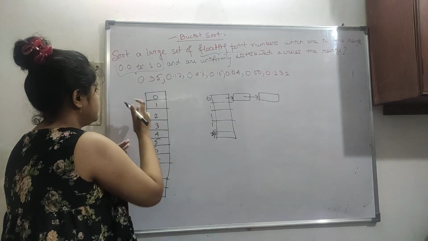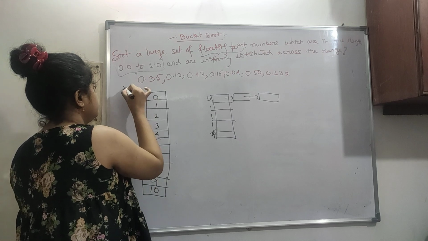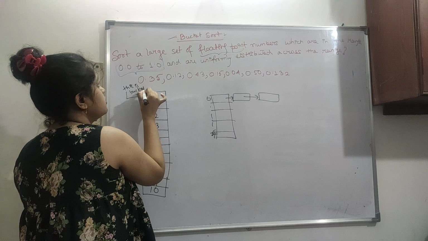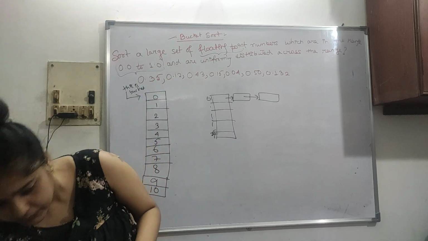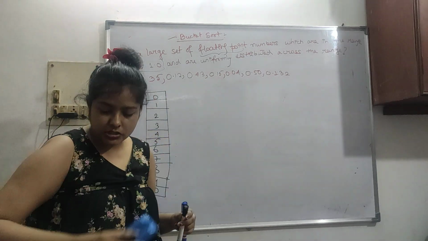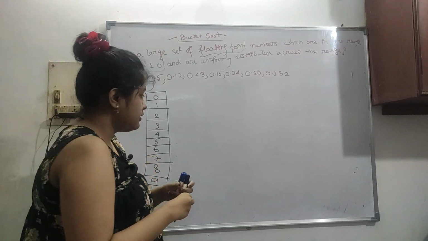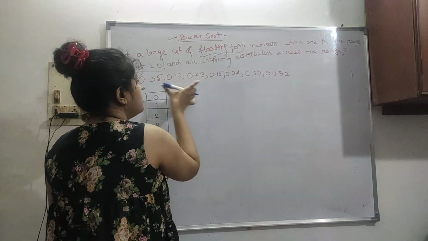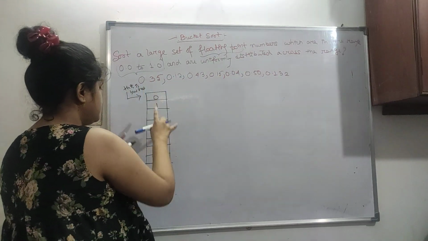This is called a bucket. So basically bucket sort, so it is bucket. If you remember this, fine, or else please go and watch the previous video. And here this is our bucket. So now we have to sort all these elements with the help of this bucket.